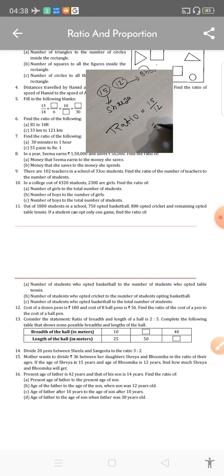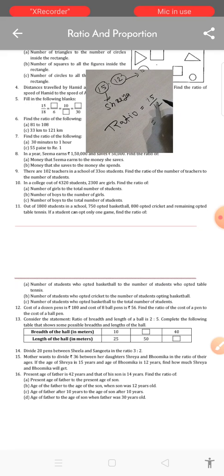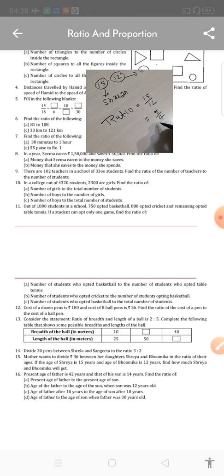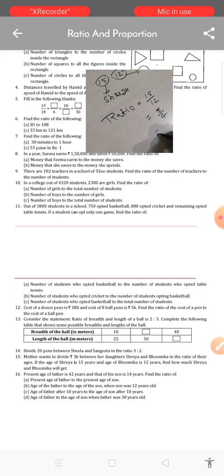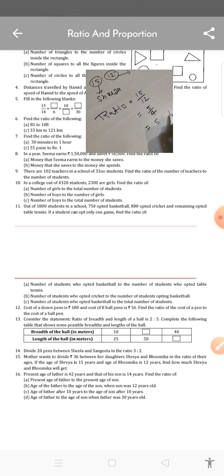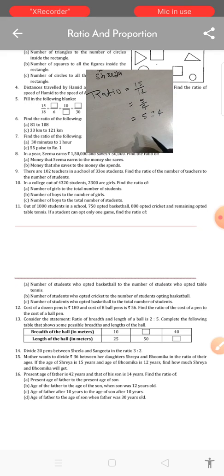We simplify it: if we divide both numerator and denominator by 3, we obtain 5 by 4. So our required ratio is 5:4.